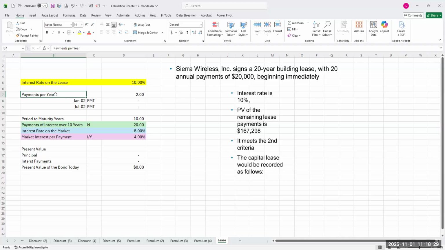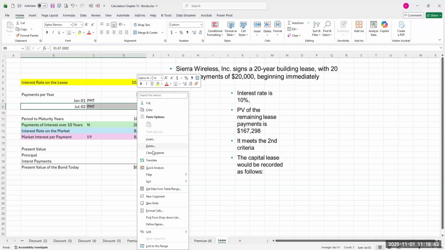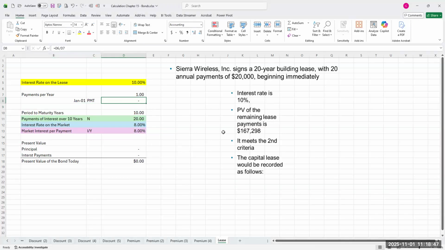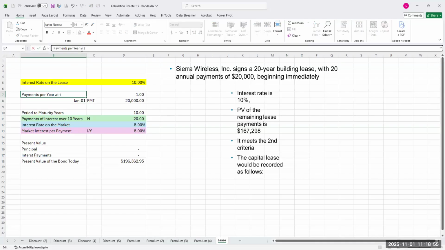Payments per year is only one payment per year, and we're paying every January, usually January 1st. Let's keep it simple. This line will disappear. We don't need it. Our payments are 20,000 at the beginning. Payments per year at the beginning of the year.